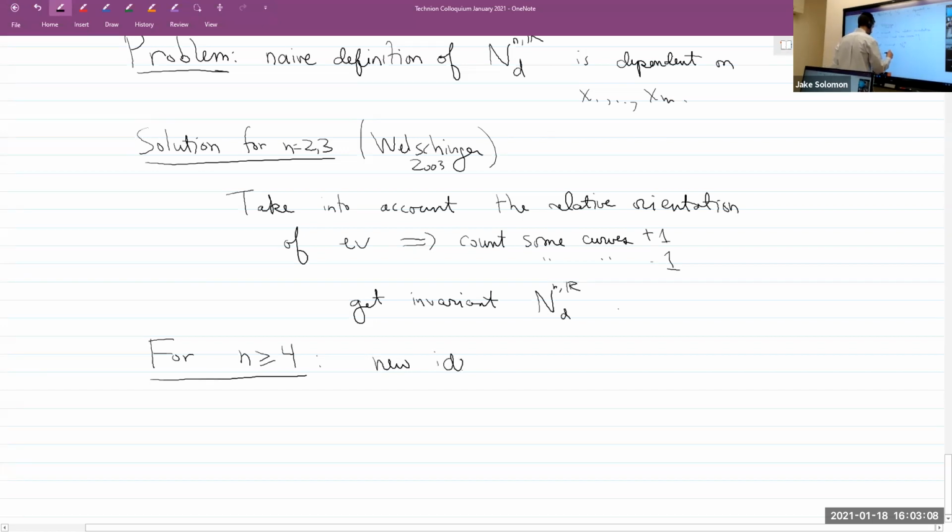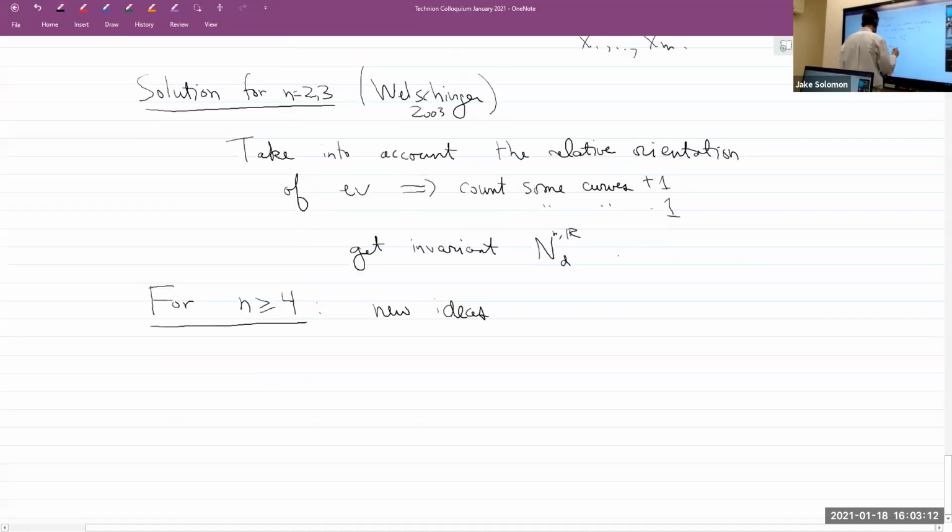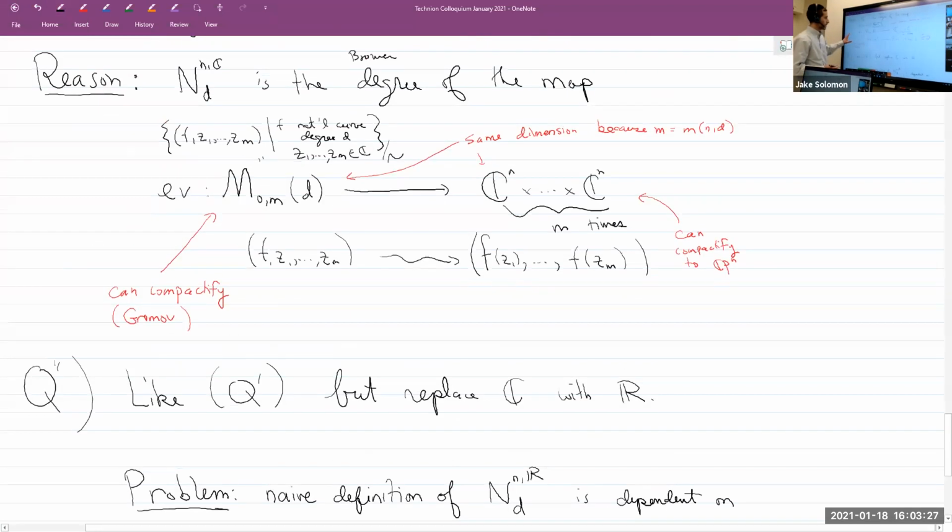This is kind of surprising, actually. When I first saw this, I was like, that can't be. But when you look at it more carefully, it's kind of a miracle that this works in dimensions 2 and 3, because I was sweeping under the rug that, in order to define a degree for this evaluation map, you have to compactify to know the degree is well defined.